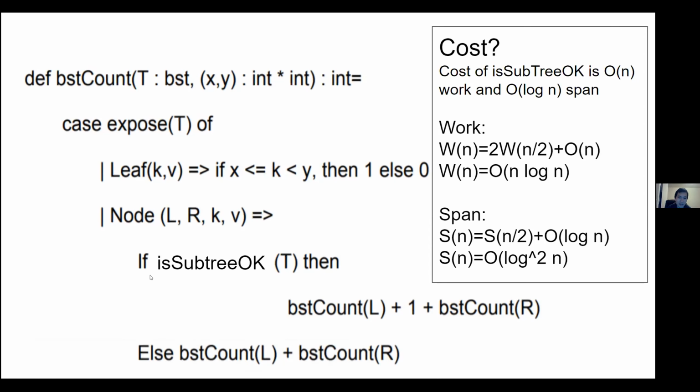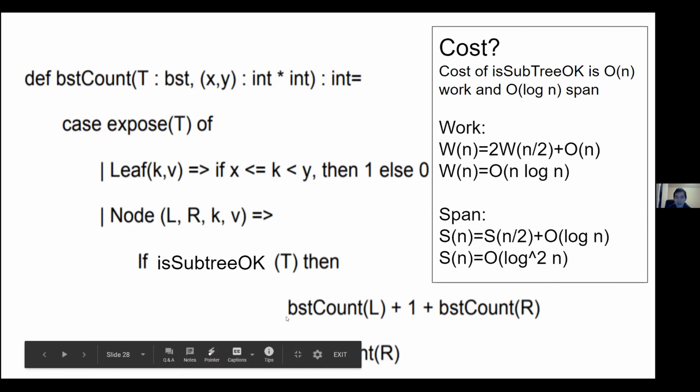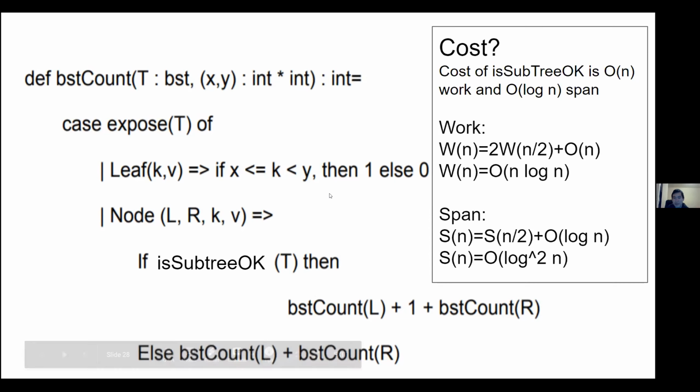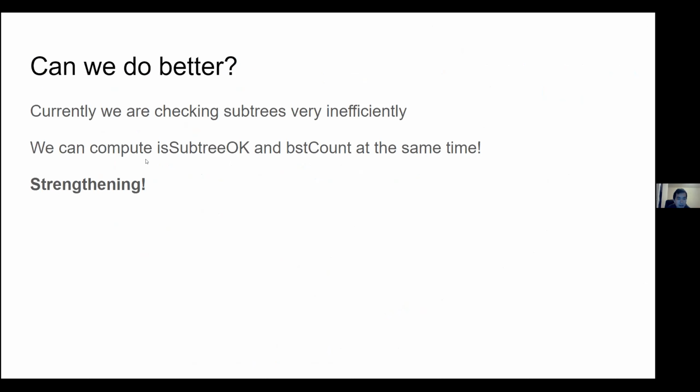And then we're calling is subtree okay again when we're recursing on BST count in the next round. So there's a lot of wasted work in this algorithm. Can we devise a new algorithm with better work and span bounds? Well, the answer is yes.